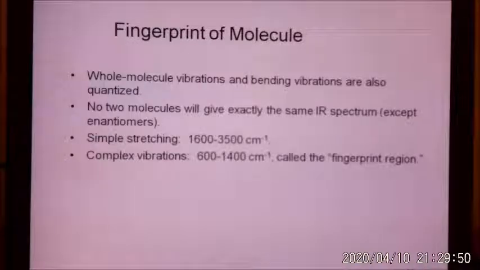Now no two molecules give exactly the same IR. So if you have an unknown substance and a reference compound, you can take the IR of both and overlay the two. If your unknown is exactly the same as your reference, you will have exactly the same IR.